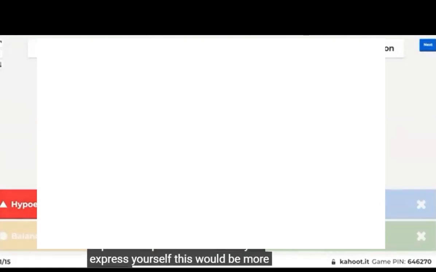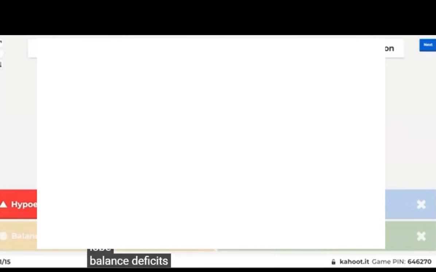This would be more Broca's area, frontal lobe. Balance deficits would be cerebellum. And burning pain. What do you think about burning pain? This is more like deep thalamic. A little tricky.